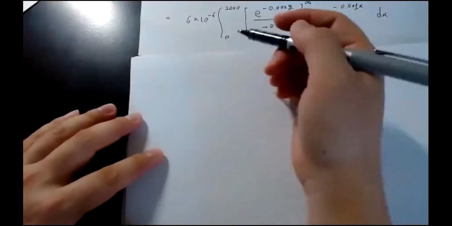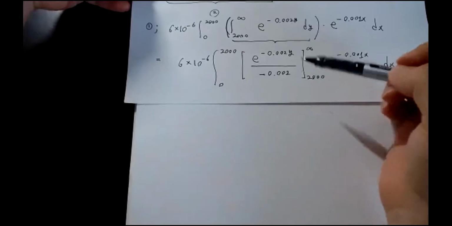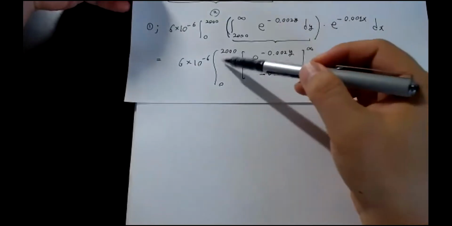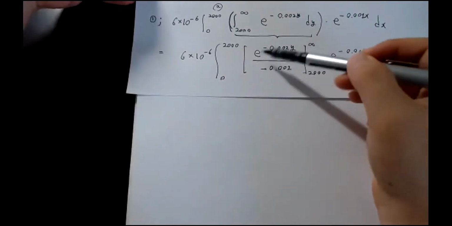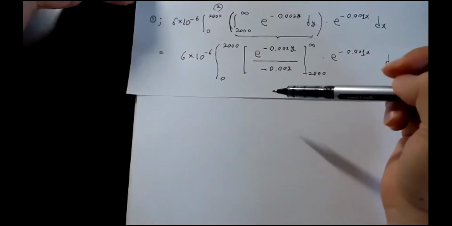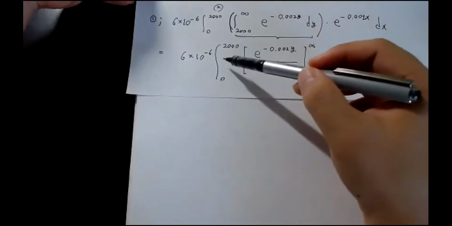So I believe you can evaluate this one. It's not that hard to evaluate the outer integral too, because once you evaluate the inner integral, you get a number times an exponential term, take the integral, and you will get the answer.